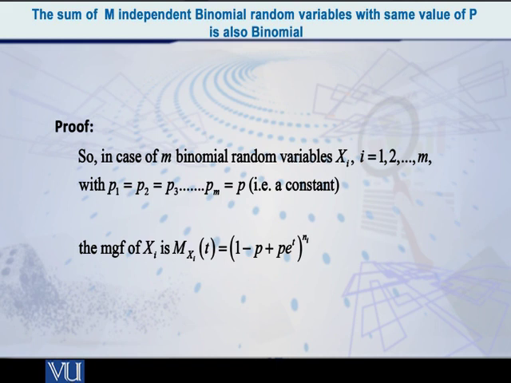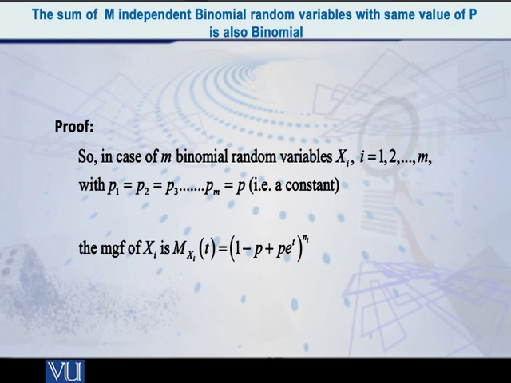So p1, p2, p3, so on up to pm, they're all equal to p. They are all equal to each other, and that number is being denoted by p.